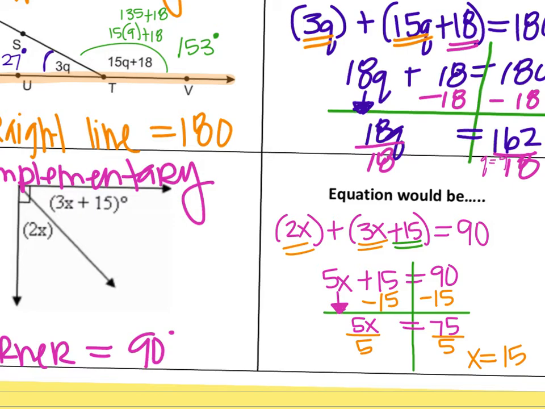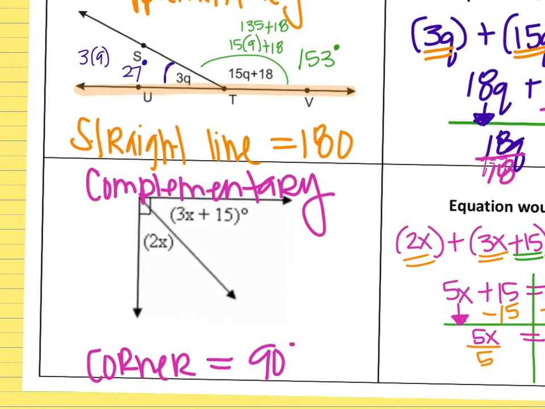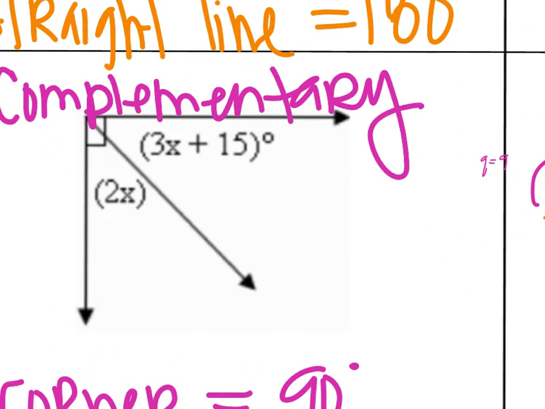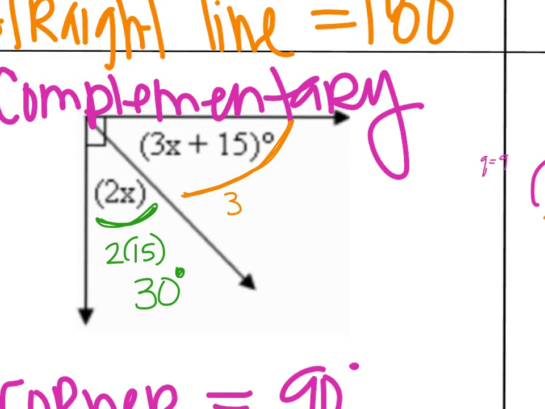Then I would come back over here onto my angles, and x is 15. So for this first one, I would say 2 times 15. That means this angle is 30 degrees right here. And for the next angle, I would do 3, and instead of x, I do my 15.